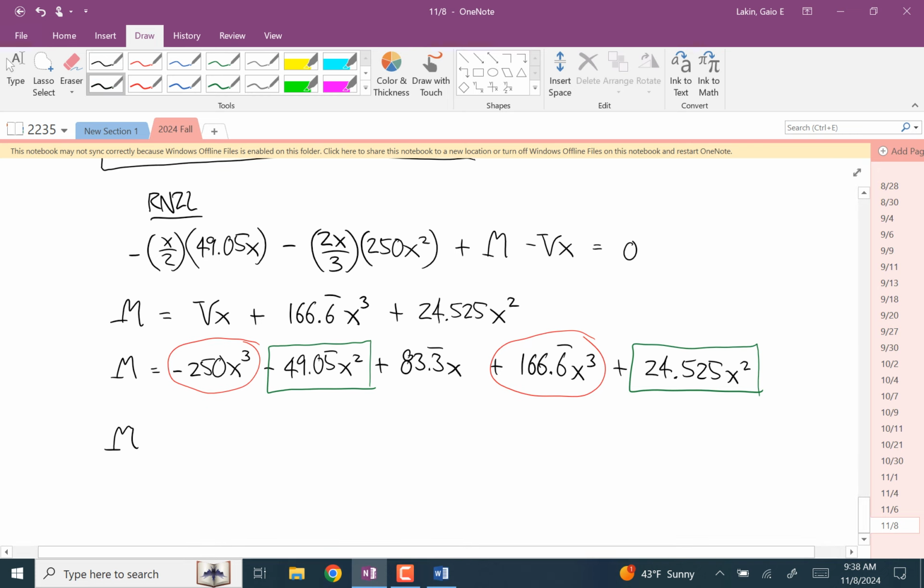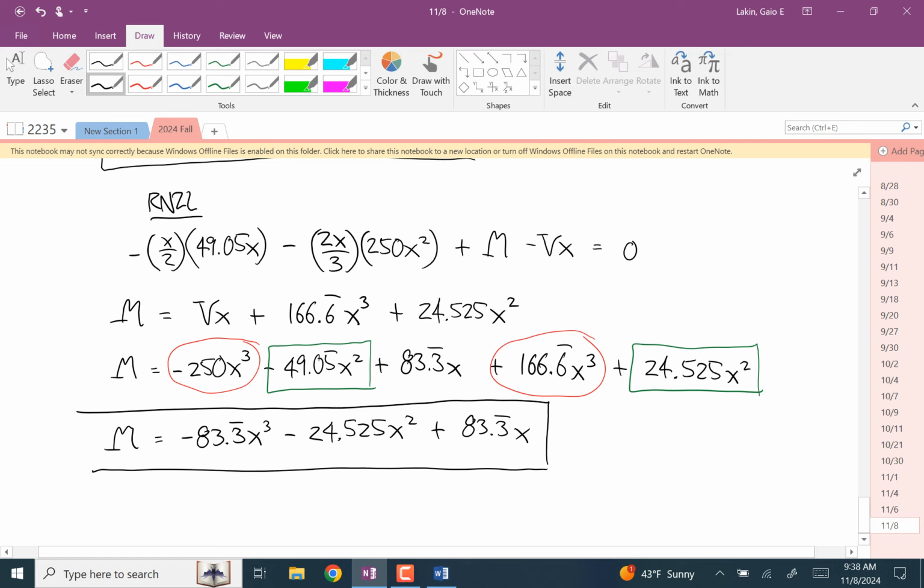And so we get M is equal to negative 83.3 repeating x cubed minus 24.525x squared plus 83.3 repeating x. And that is it for cut one. Cut two is going to be easier though because we don't have the triangular distributed load cut in the middle, so it's not going to depend on x anymore.